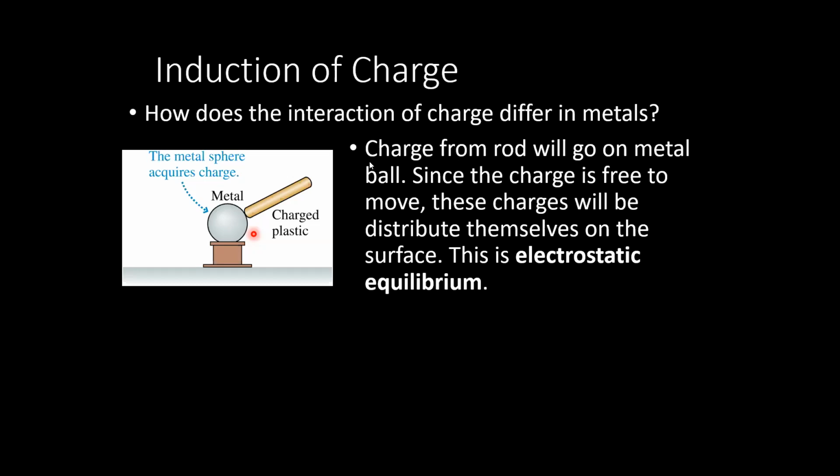You can see a picture here. Let's say I have a rod or a sphere. Let's say it was a sphere. Here's a sphere, and I'm going to put a whole bunch of positive charges from a rod onto it.